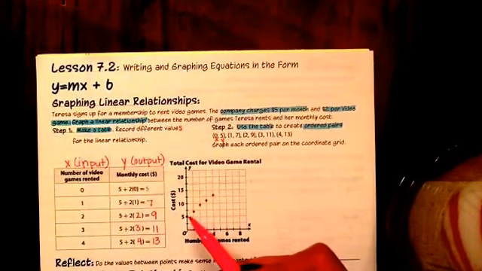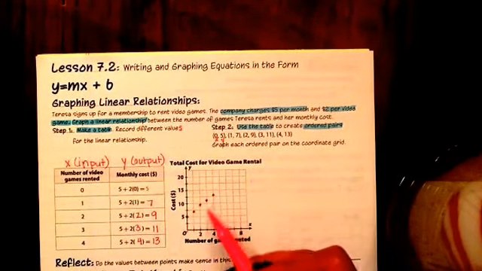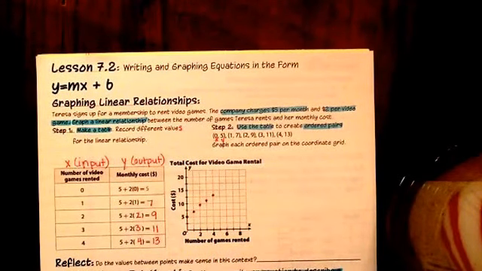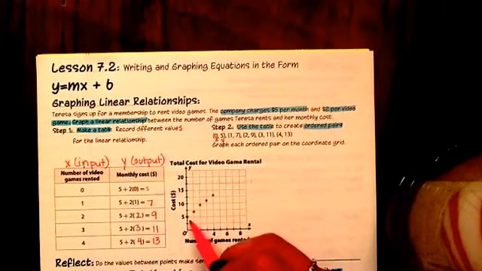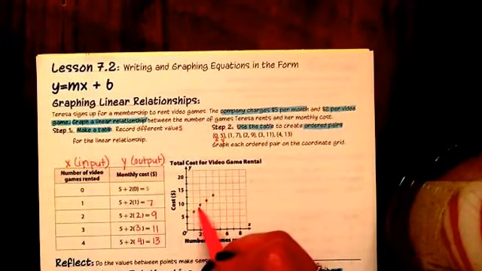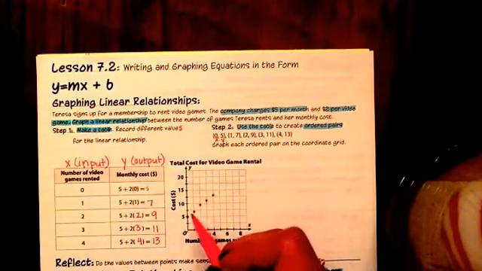After you graph, you notice that, again, these dots are in a straight line. The reflection is asking, do the values between points make sense in this context? Basically it's asking you, does it make sense to connect the dots, to connect the values between our points that were given?